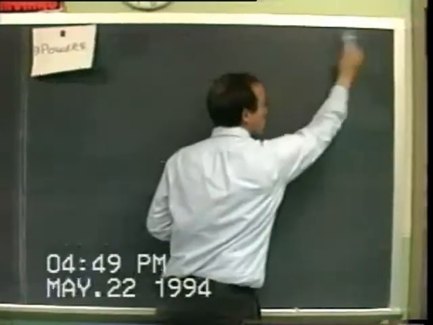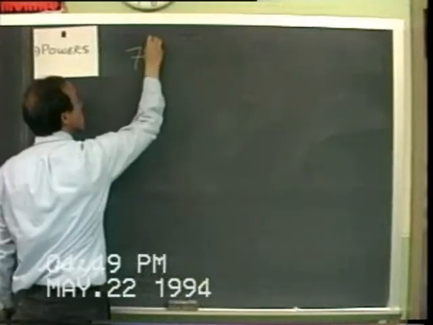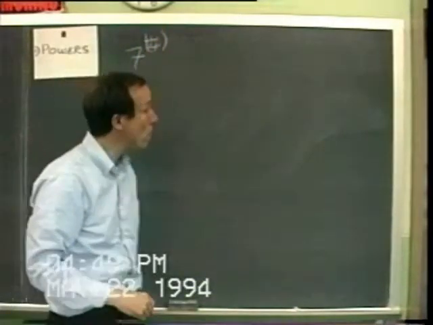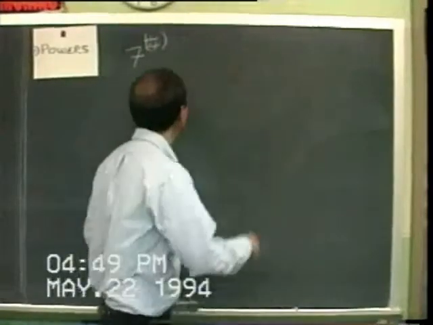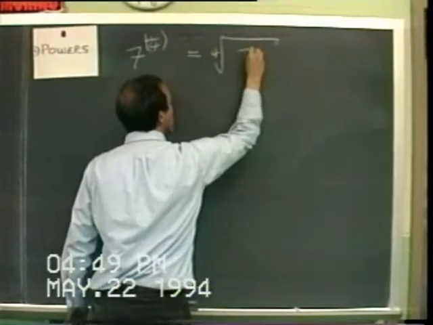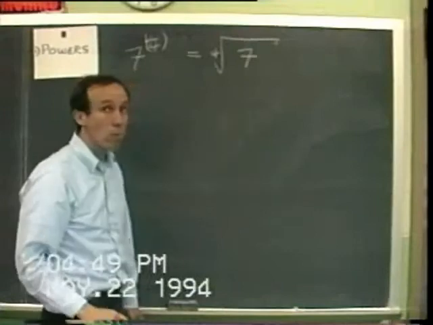How do you deal with fractional powers? What does an expression, for instance, like 7 to the 1/4 mean? 7 to the 1/4 means the 4th root of 7. You could evaluate it as the square root of the square root.